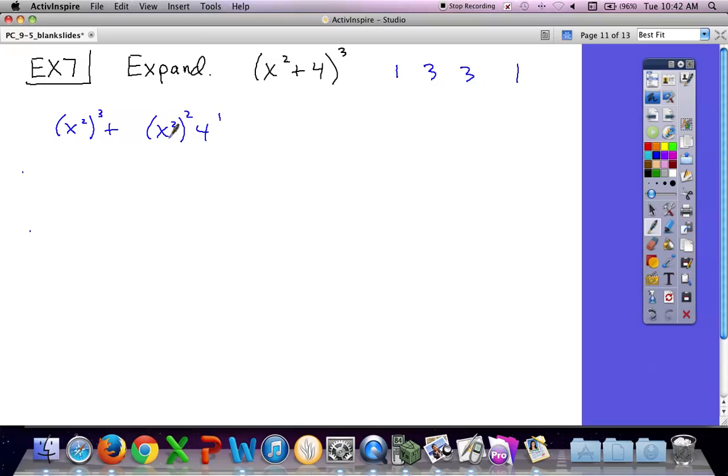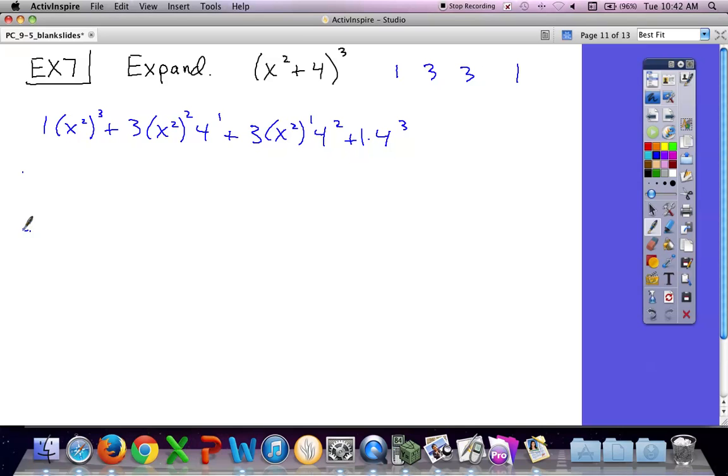And then the next term will have it raised to the second power, and then it'll have the second one raised to the first power. And then the next one will be x squared to the first, and 4 squared, and then the last one will be 4 to the third. And then we've got to stick in our binomial coefficients, 1, 3, 3, and 1.